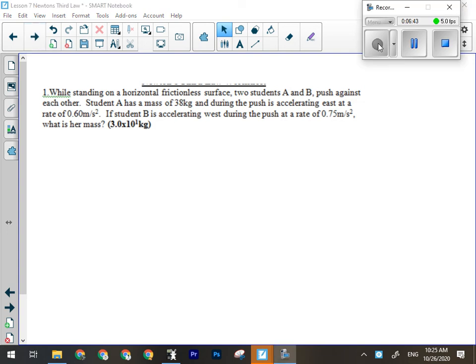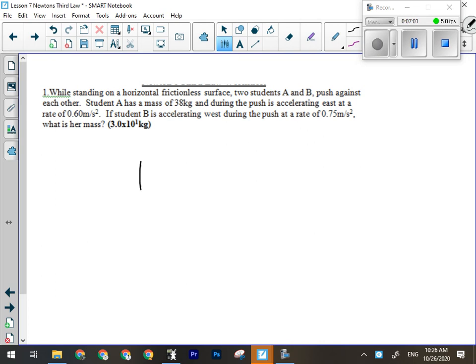Okay, so like we said, this one's relatively easy simply because we know that there's only two objects involved and they're actually directly acting on each other. There's none of this, well, one's pulling the other or whatever. We know one exerts a force on the other. That force is going to be equal but opposite from the other one.